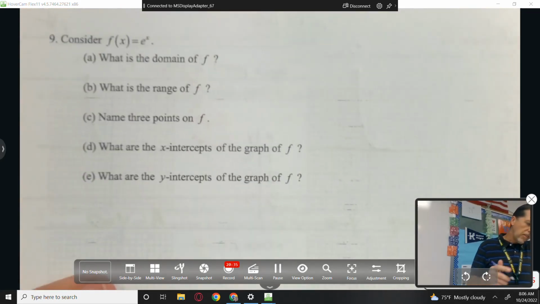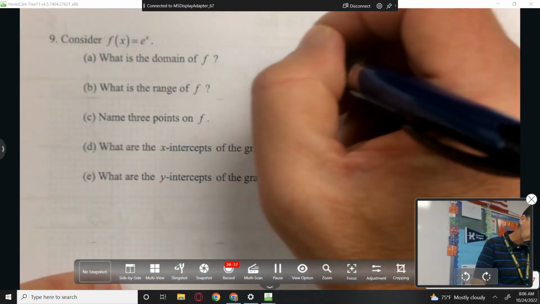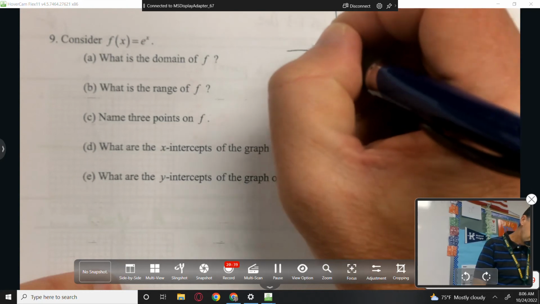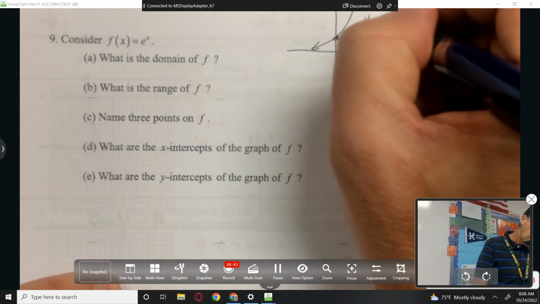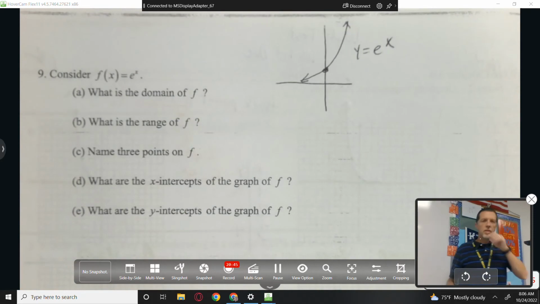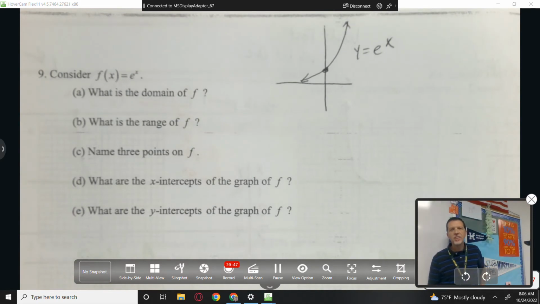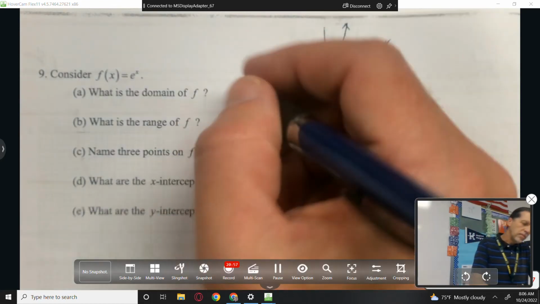Consider f of x equals e to the x. So, domain and range, it's nice to see a graph to think about that. What's the domain of f? What x values does that graph cover? Yep, all of them.